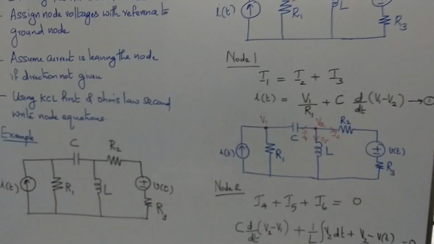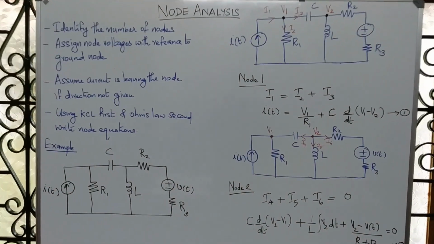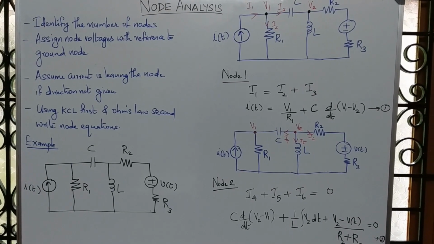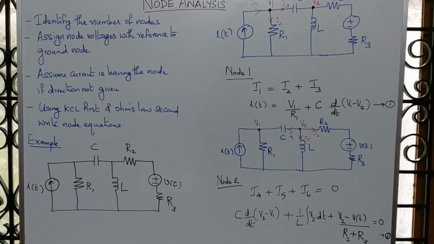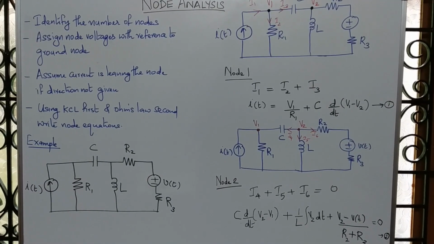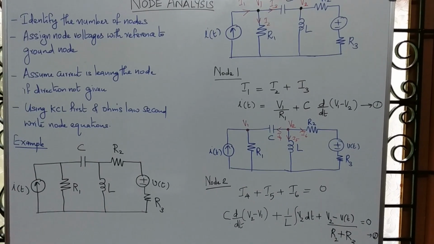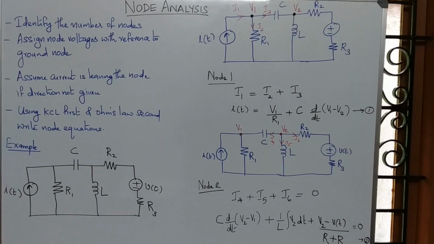So this is how you analyze a circuit using node analysis. It's pretty basic. If you clearly understand the steps and follow them, there is no confusion. I'll explain the steps once more. The first step is to identify the nodes in the given circuit. Second is to assign voltages to the nodes.